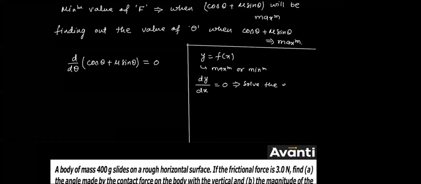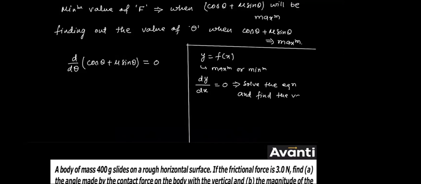Once you differentiate y with respect to x, equate that with 0 and solve the equation. Like if you have y is equal to x cube minus 2x squared plus 2x. Differentiate that part, equate that with 0, solve that equation. That means find the value of x. Okay?